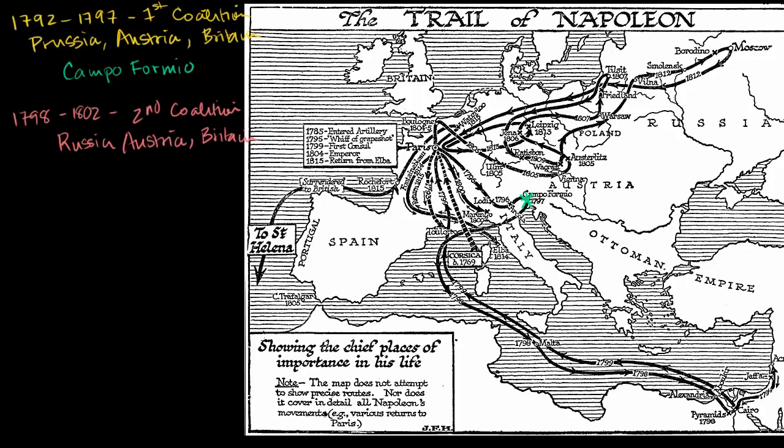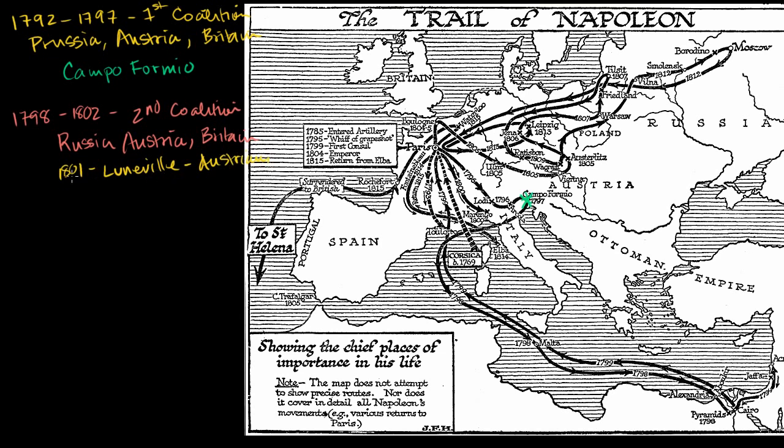My overview right there. And then the Second Coalition, it was ended, well, in 1801. In 1801, you had the Treaty of Luneville. Once again, this was a defeat of the Austrians, mainly due to the military capabilities.